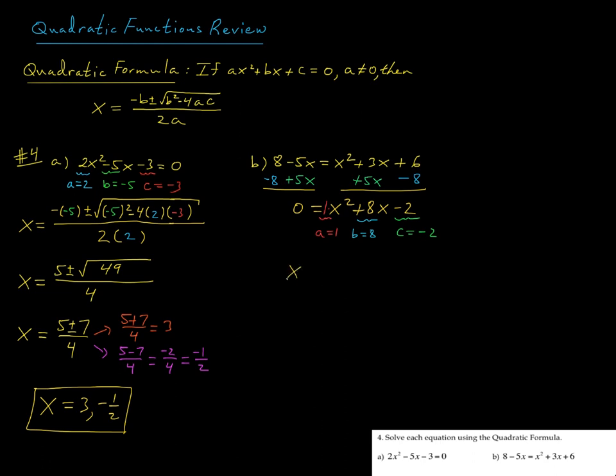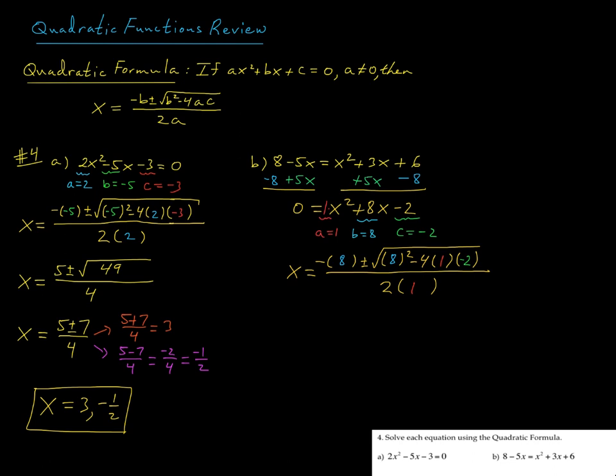So we can go ahead and write down the solutions again by just plugging in these values for a, b, and c. So we're taking the opposite of 8 here. We have 8 squared minus 4 times a, which is 1, times c, which is negative 2, and then we're dividing everything by 2a, and that's going to be 2 times 1.